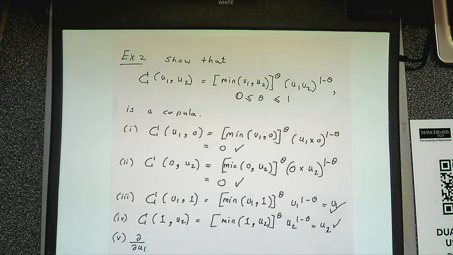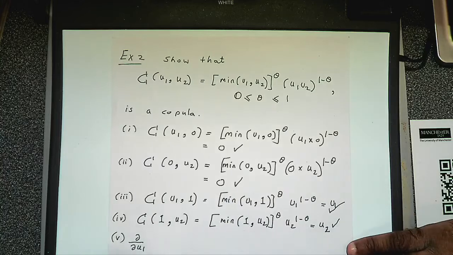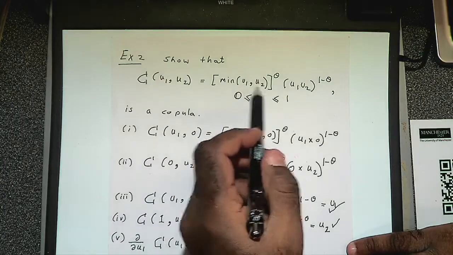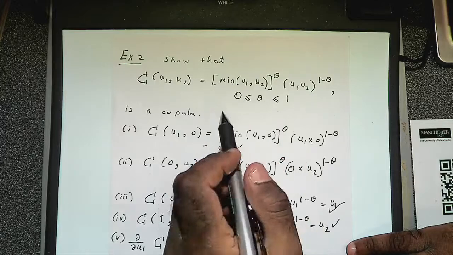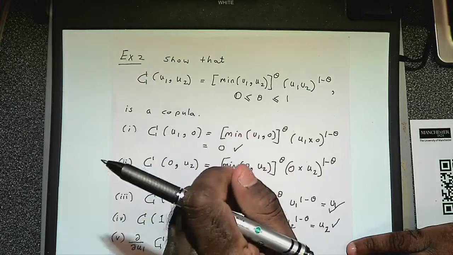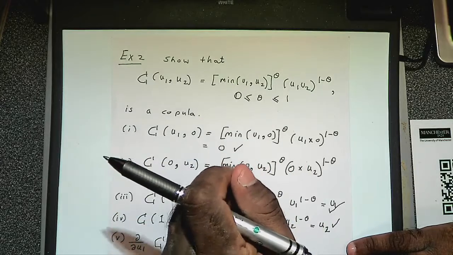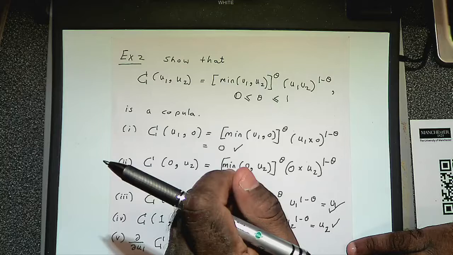When you do the last 2 properties, because you have a minimum here, I think it's best to consider the 2 separate cases where u1 is less than u2 and u1 is greater than u2, right?